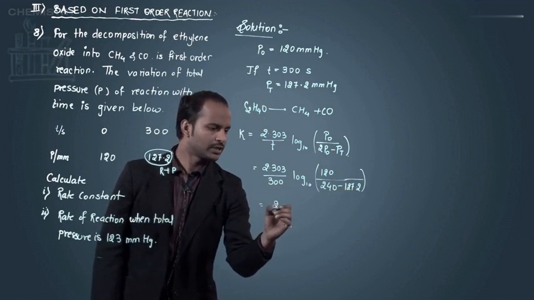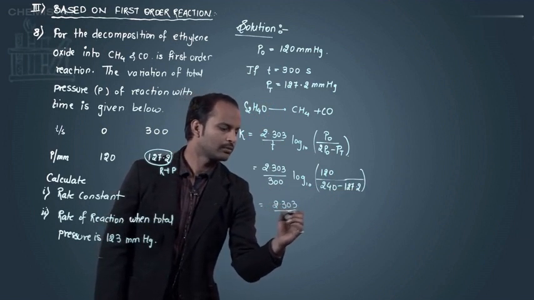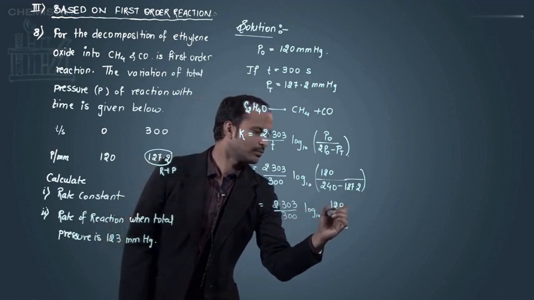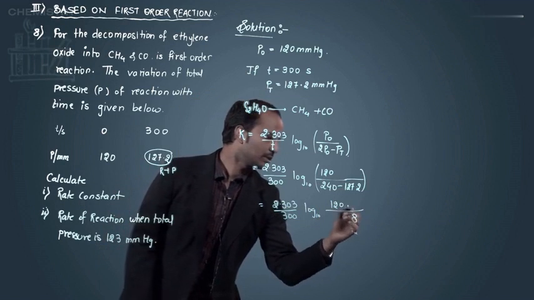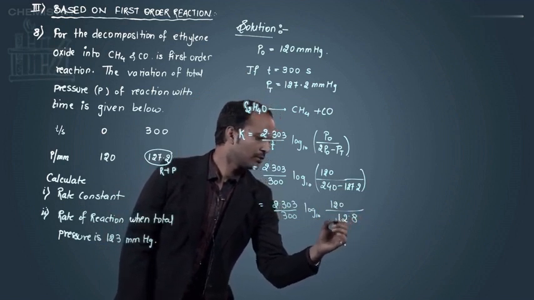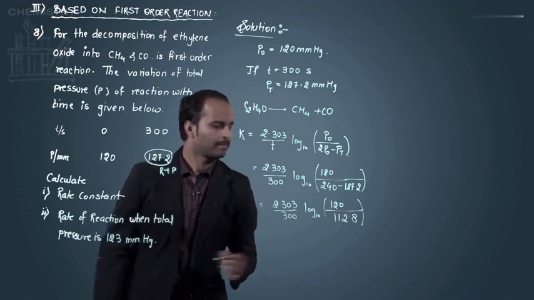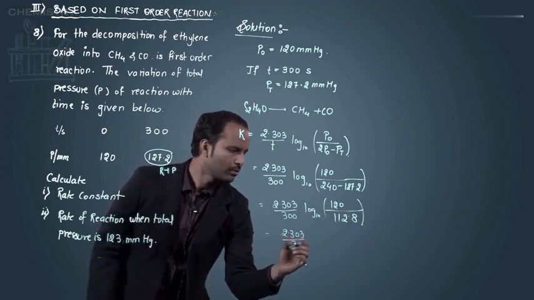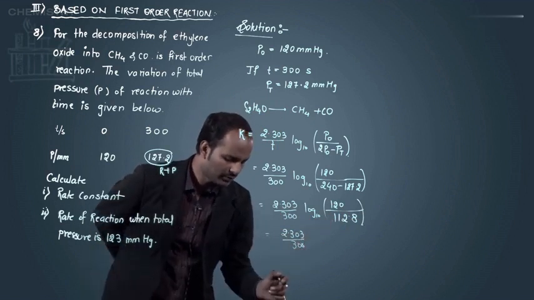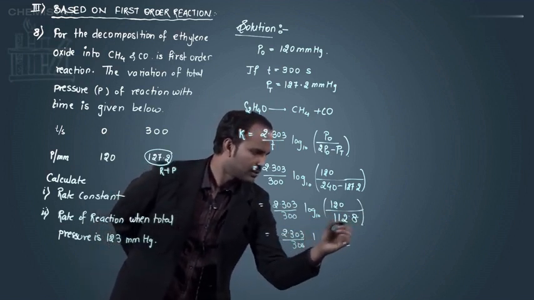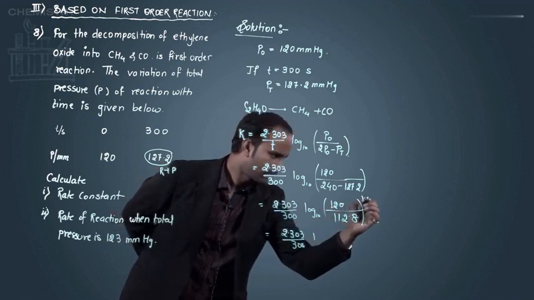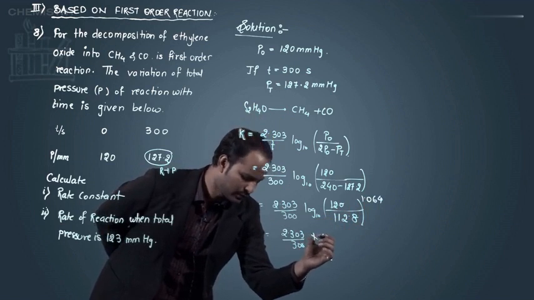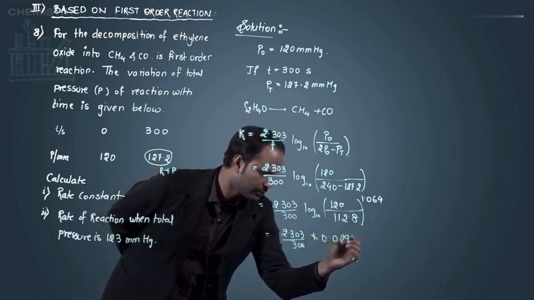which is equal to 2.303 upon 300 log to the base 10 120 upon, this is 0.8211. So it is equal to 2.303 upon 300, 120 upon 112.8, after division it gives 1.064, whose log is 0.02694.